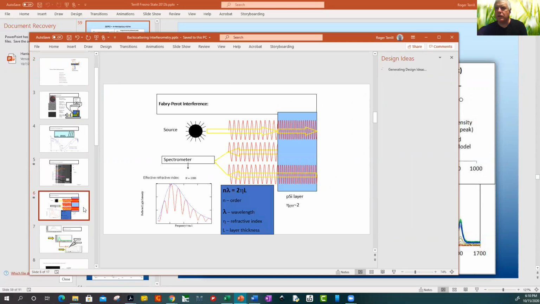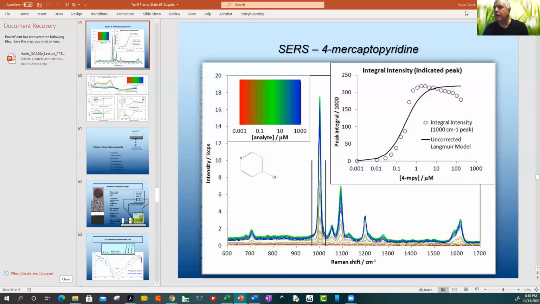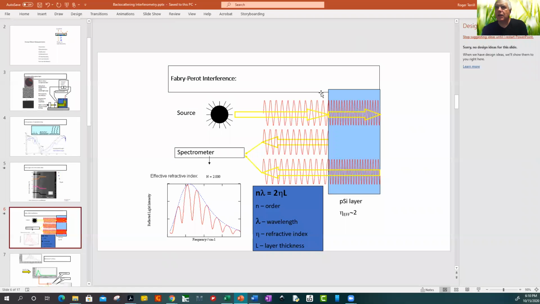This uses porous silicon, right? But the idea is the same. In this, what I'm showing you here, and what the backscattering interferometry is, you have a source of light coming in, and it reflects off the top surface, and then a portion of the beam goes through the liquid in the capillary, bounces off the back of the wall, then comes back out.